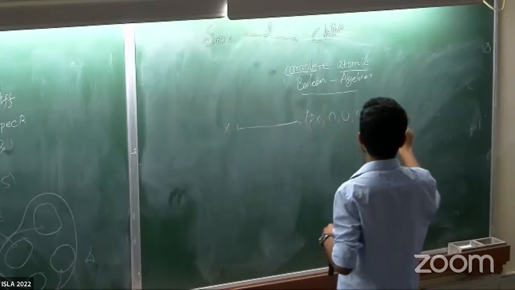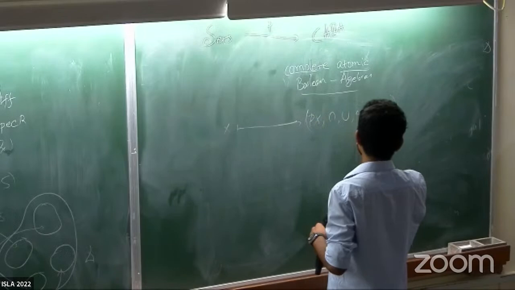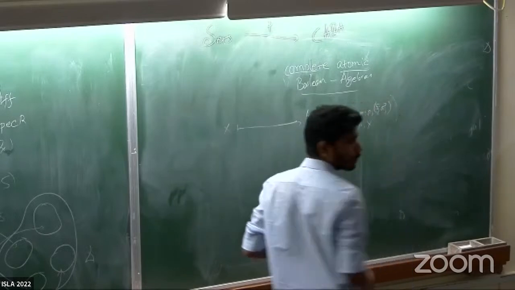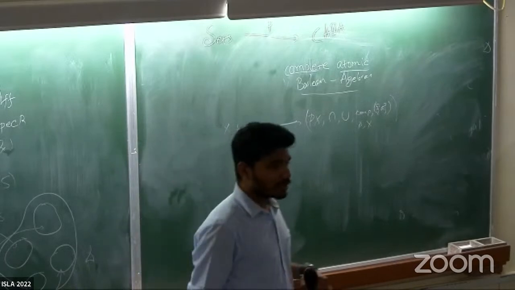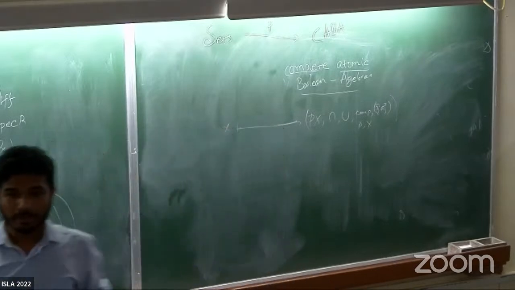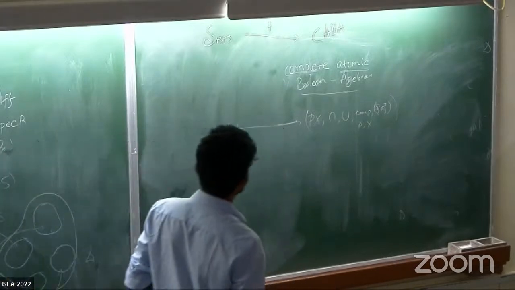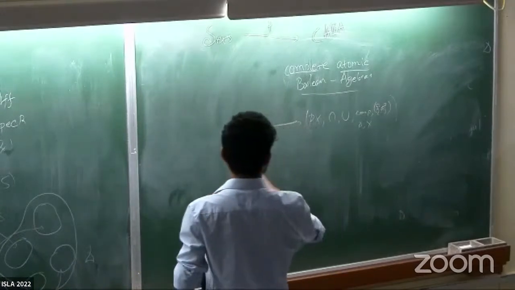This structure. Of course, you have top and bottom element, which is this complete atomic Boolean algebra. You can make it a functor. I'm not going to tell you how, but you do it yourself. It's going to be a functor, but in the reverse direction. Okay.